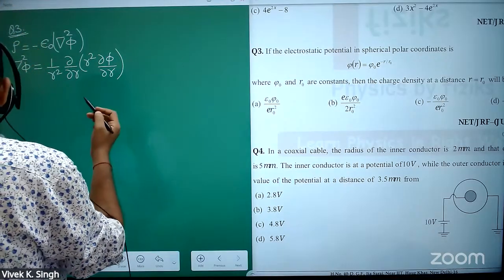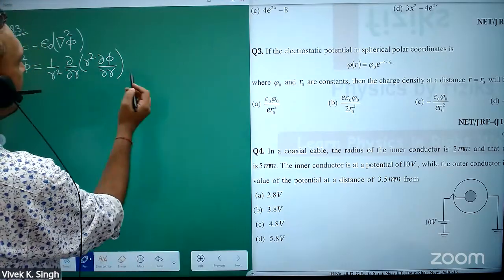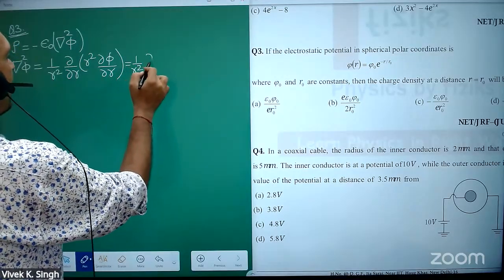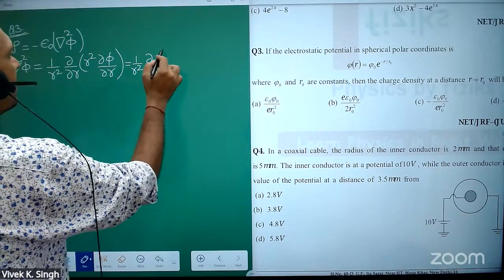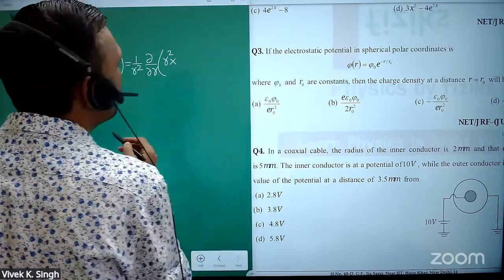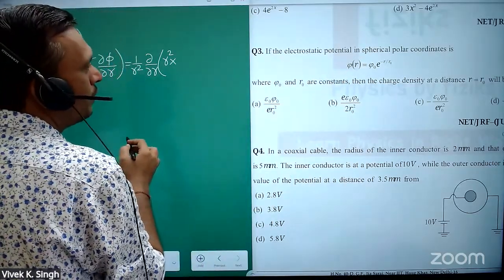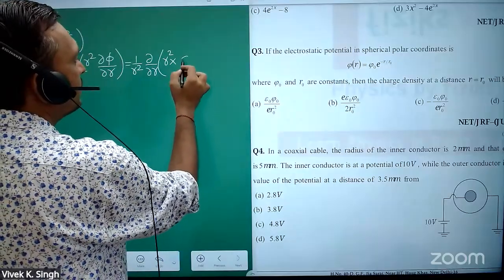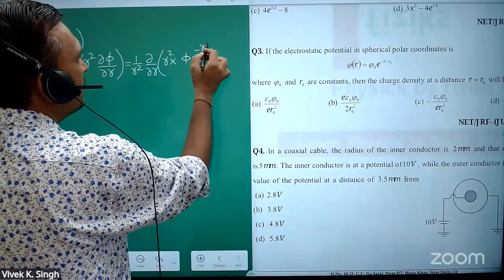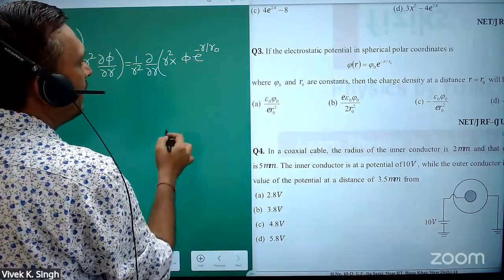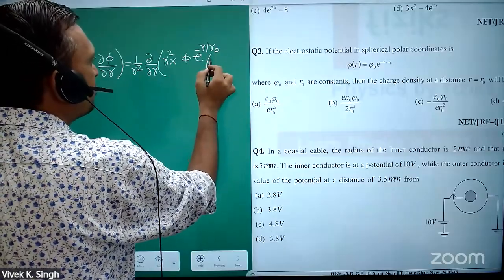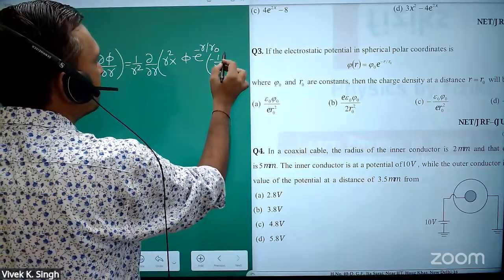Now what is del phi by del r? If you differentiate with respect to r, you will get phi naught exponential value, and if you differentiate this exponential, you will get minus 1 by r naught.